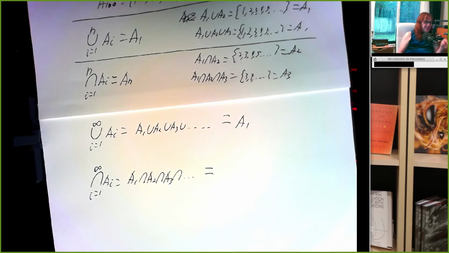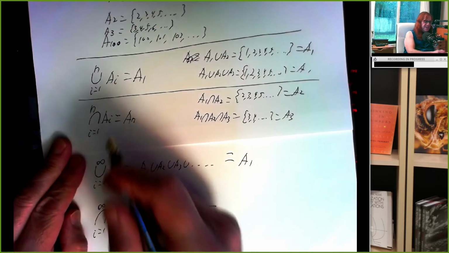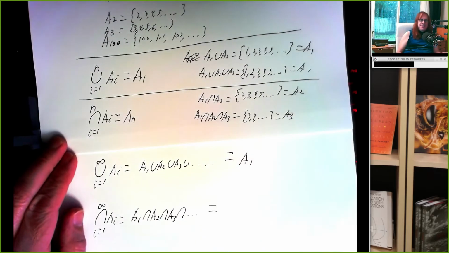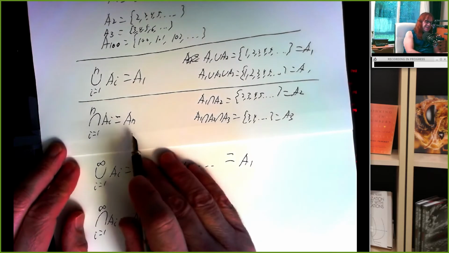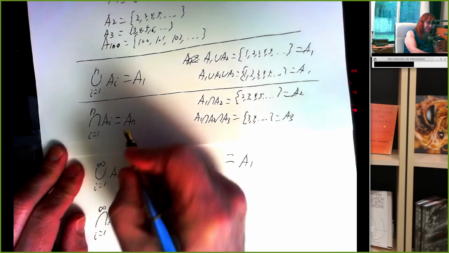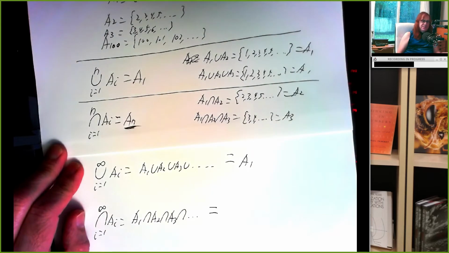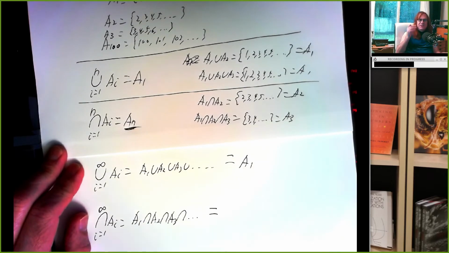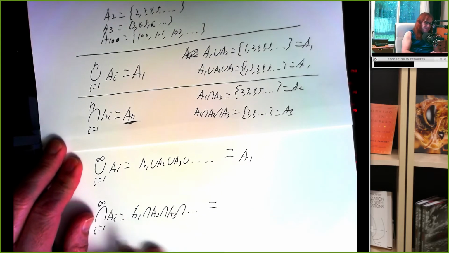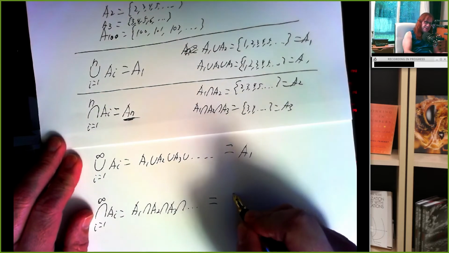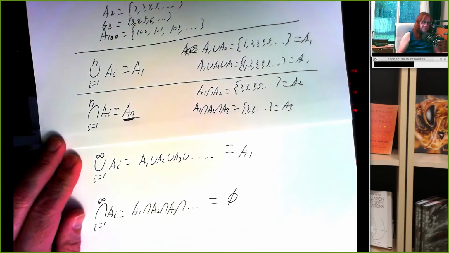So yeah, the naive approach would be to say, well, this should be A infinity, but there is no A infinity. For a finite set, we ended up with AN. And this is an infinite set. A1 million still has an infinite number of things in it. It goes from 1 million to 1,000,001, 1,000,002, on and on and on up. There's still an infinite number of things. But when we take the intersection of all of those, we end up with exactly the empty set.